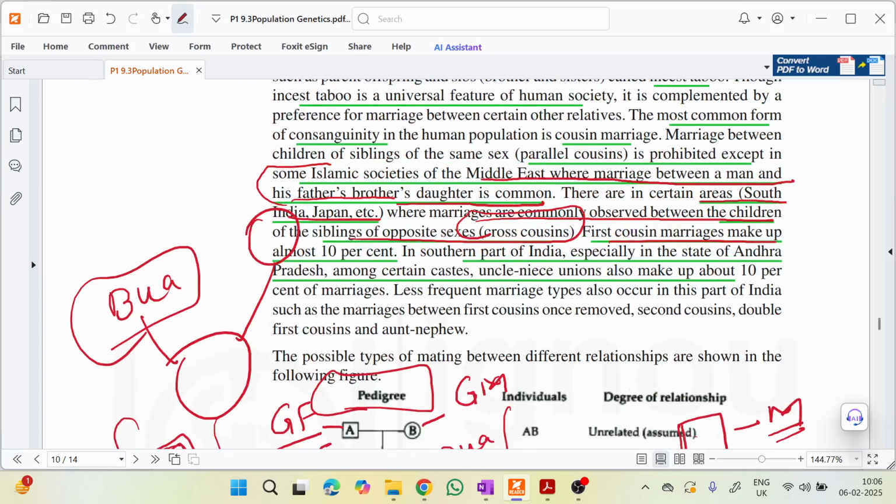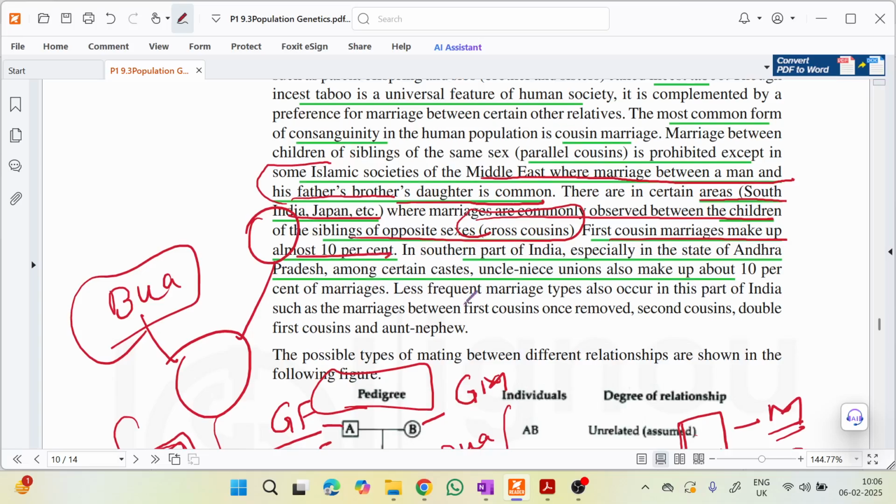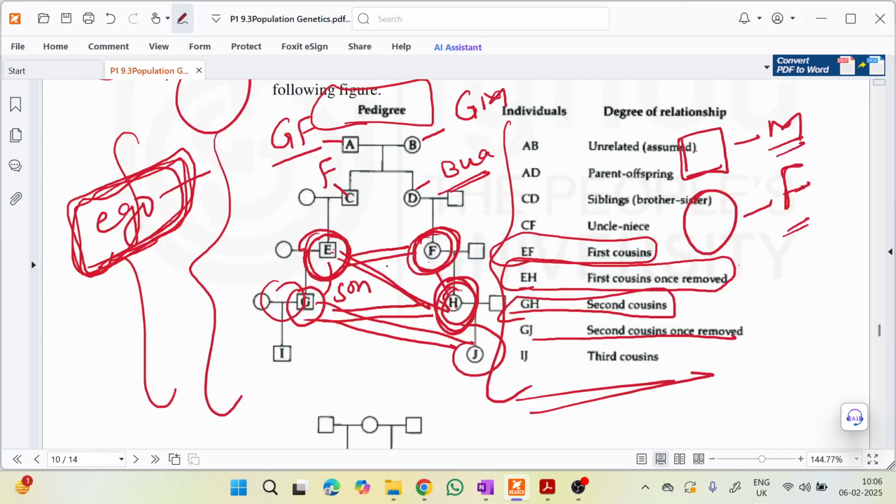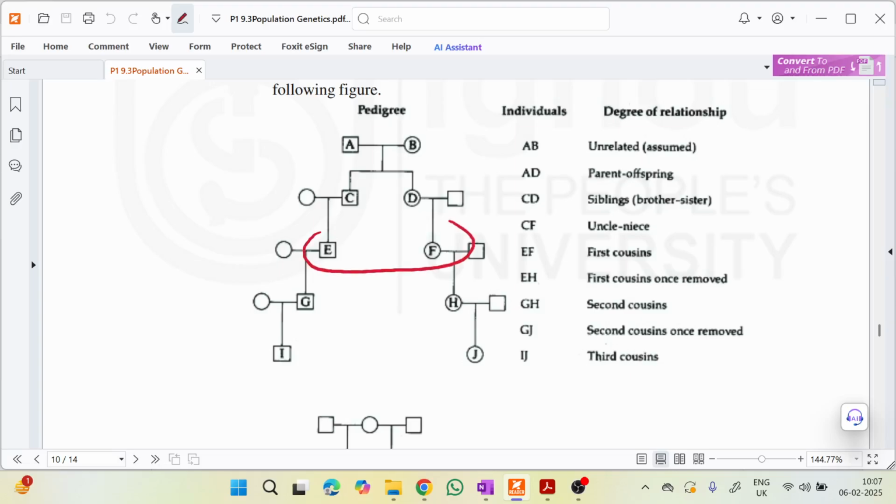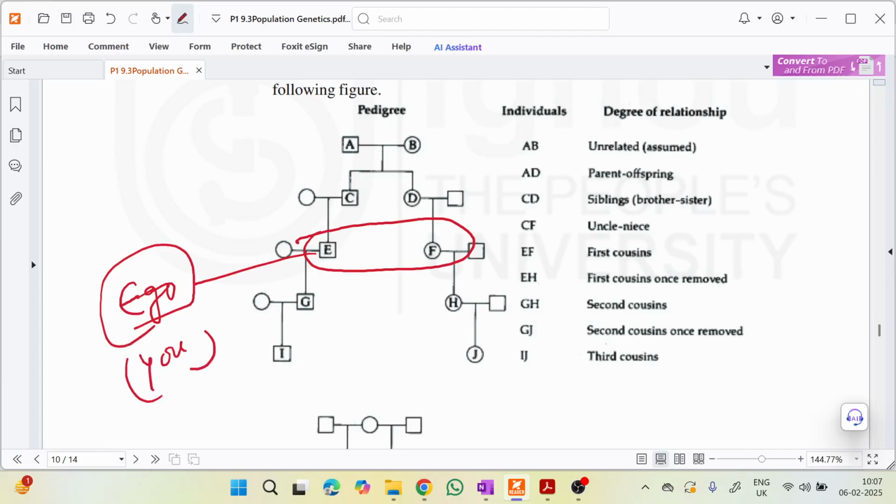So first cousin marriage makes up almost 10%. First cousin marriage, the marriage between E and F. So again, I explain it. E is ego. It's best if you understand it as a persona, when you need to place some person from which you will be able to understand it better. So let's say it's you.